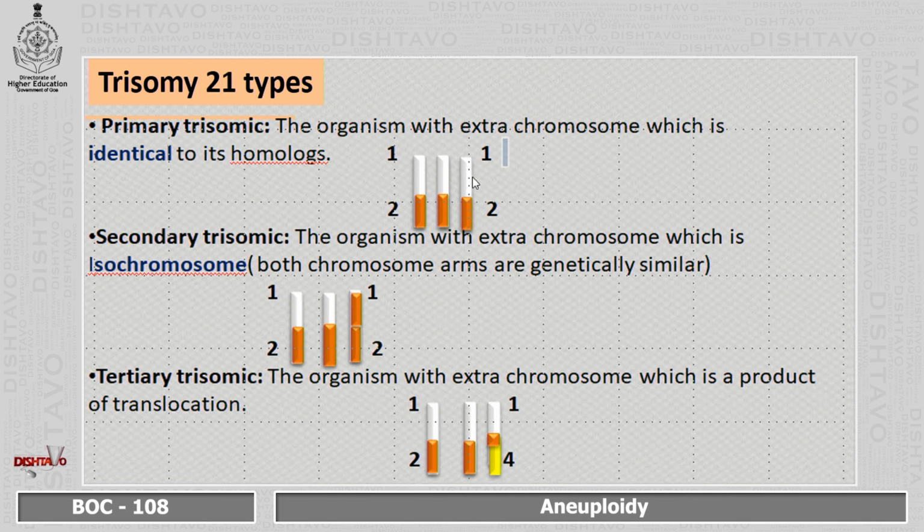So, same genes, same parts, everything is the same. So, when this is, we call it as primary trisomic, and the secondary trisomy, we see the extra chromosome, but a part which is genetically similar to the other half. So, isosomy. And tertiary trisomics are when the product is due to translocation. In the 3rd chromosome, there is some translocated part from another chromosome. So, that is tertiary trisomic.